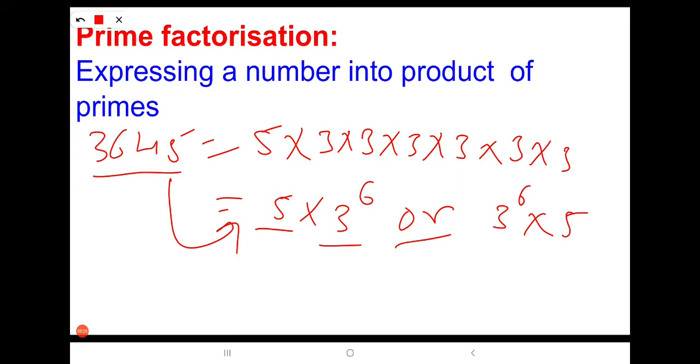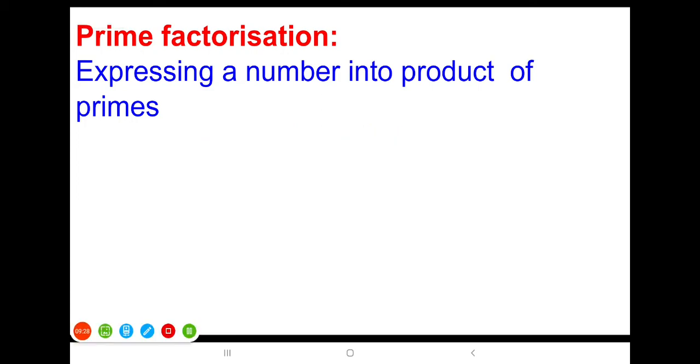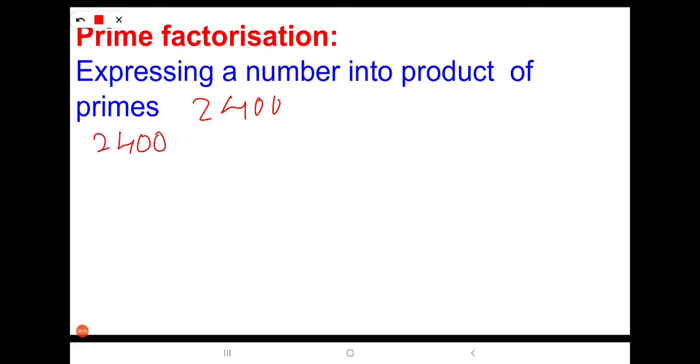So let us take one more example. Right, 2400. I'm taking 2400 here.